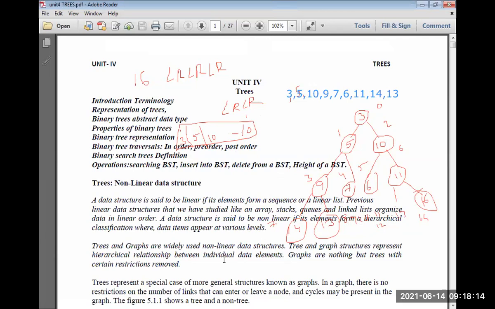The AVL tree we call a balanced tree or self-balanced tree. Okay, clear students? AVL tree is a self-balanced tree. Yesterday I already told you about that.